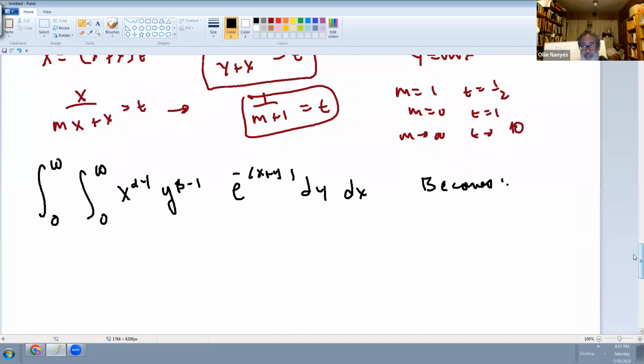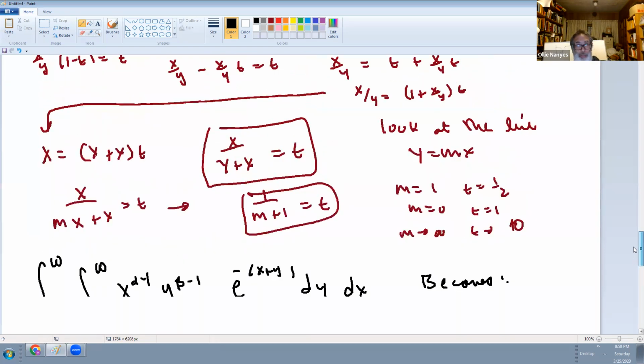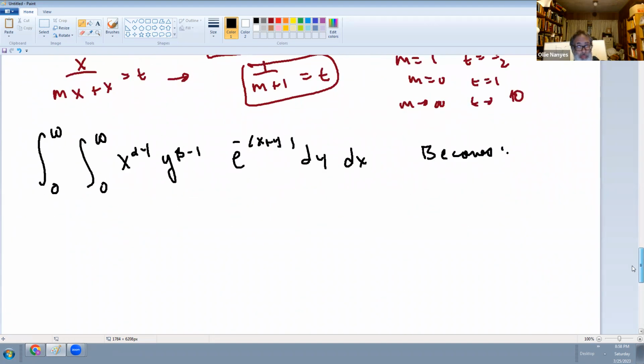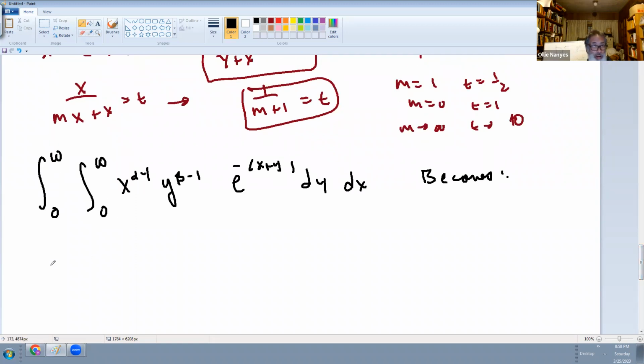We now know that this whole quadrant 1 is being mapped to the strip between t equals 0 and t equals 1, with s going to infinity. So our outer limit is 0 to infinity. And we have a ds, a dt, and then from the Jacobian this extra s.